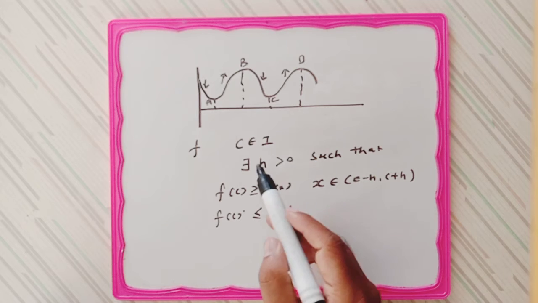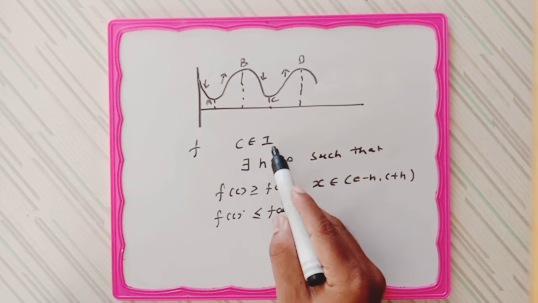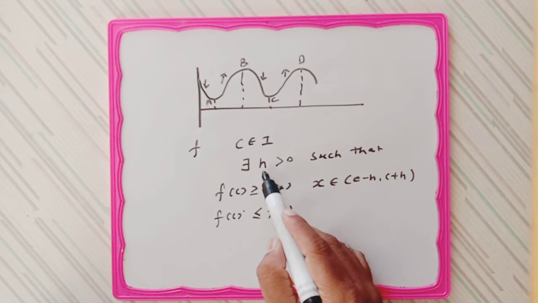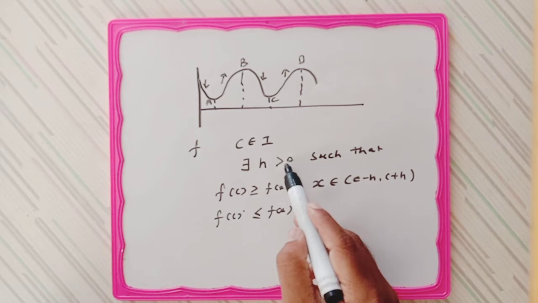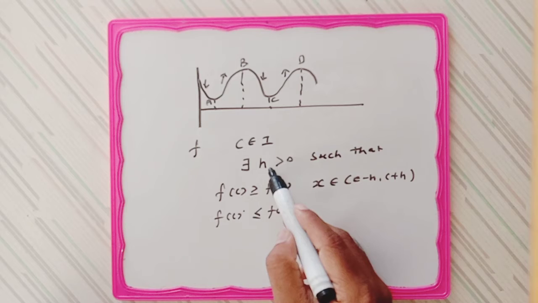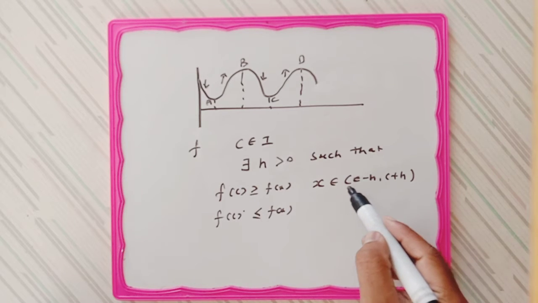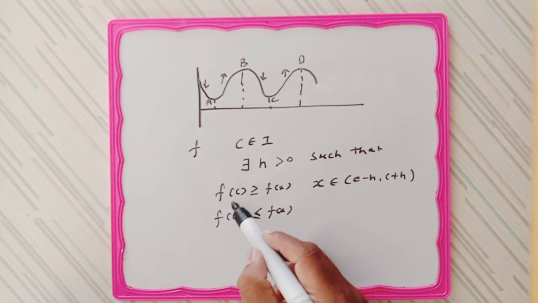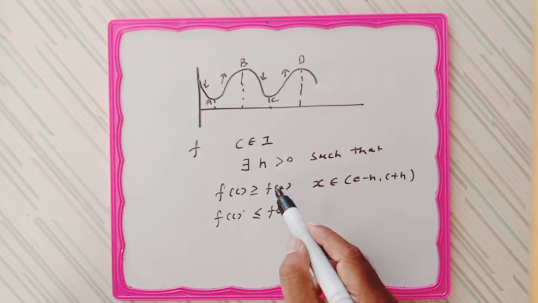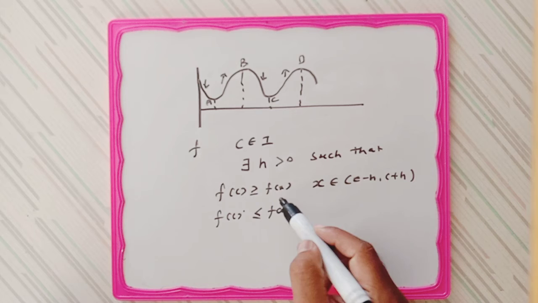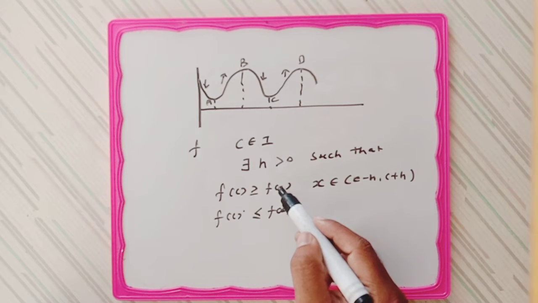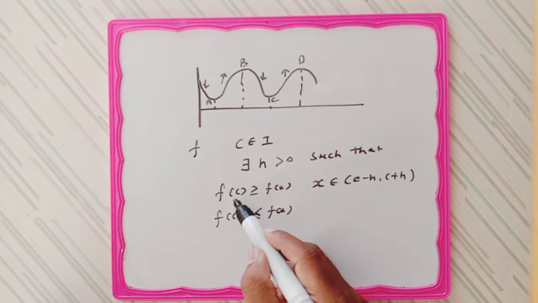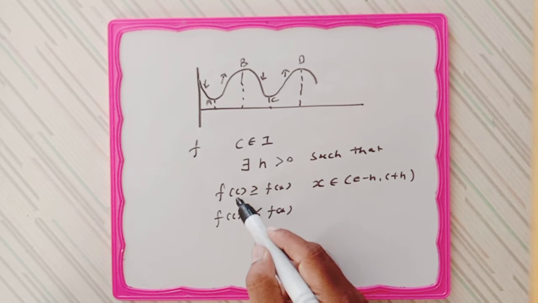Again, if c belongs to I and we get a small h greater than 0, meaning h is a very small value for which, if x belongs to the interval (c minus h, c plus h), and f(c) is the greatest value compared to all other f(x), then we can say that f(c) is the local maximum value of f.